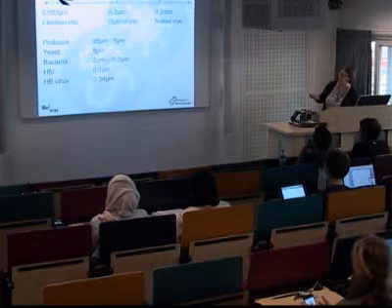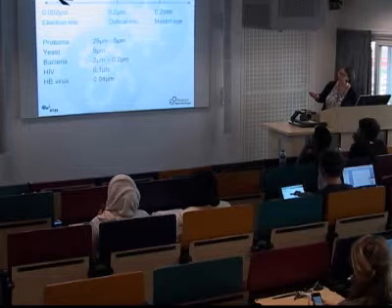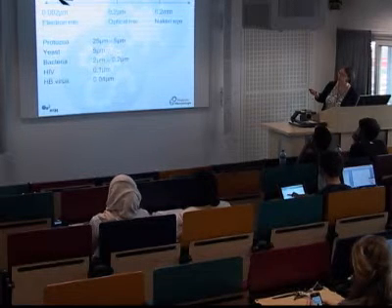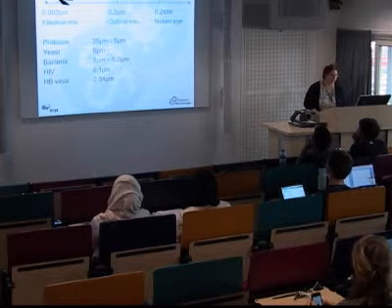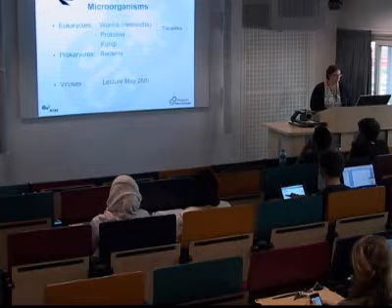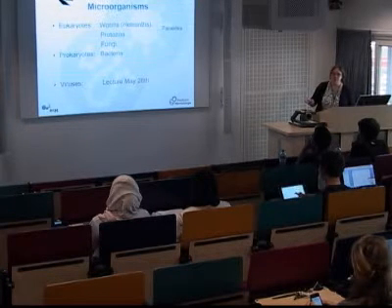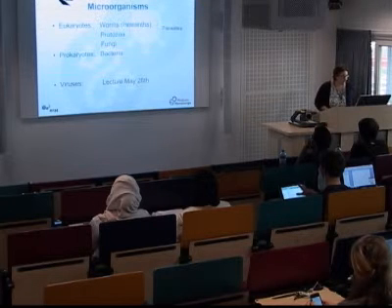You see here the different types of microorganisms: protozoa, yeast, bacteria. We can see those with the optical microscope, and for the viruses we need an electron microscope to be able to see them. The viruses I will not mention any further because I'm going to tell you more about that on Monday.